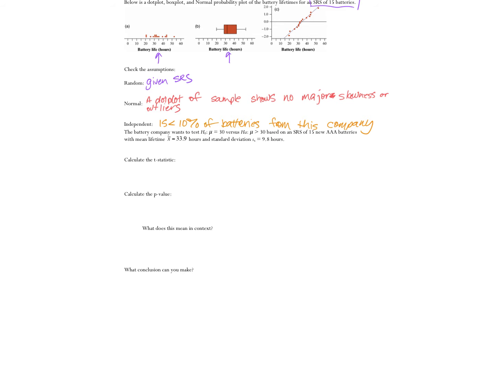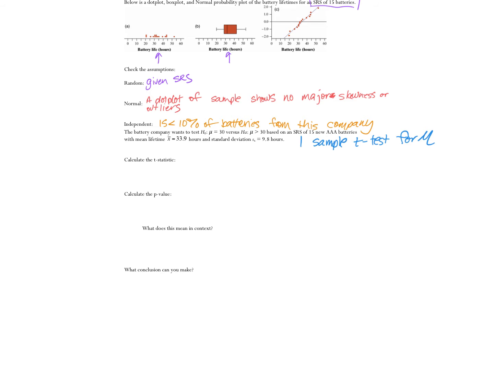Test statistic. We're going to calculate everything by hand first. But guys, you can also calculate it in your calculator, okay? Before we did a one sample z-test for p, now we are going to do a one sample t-test for mu.